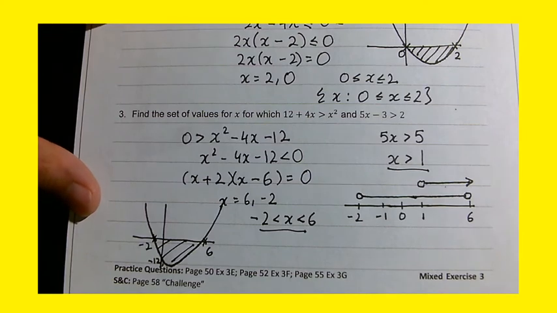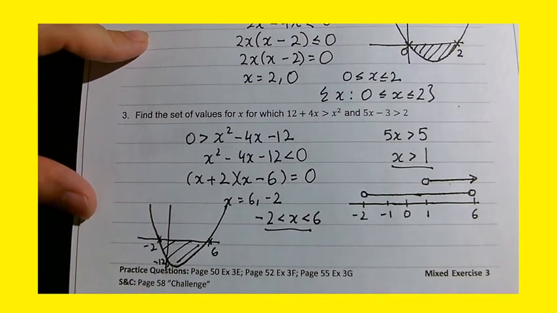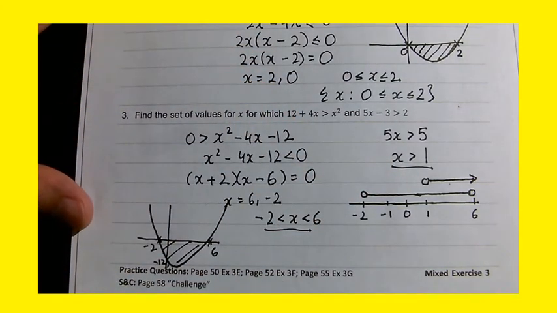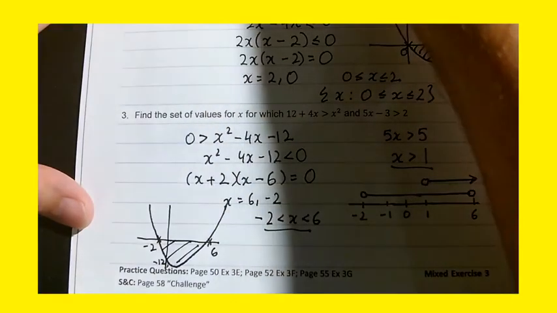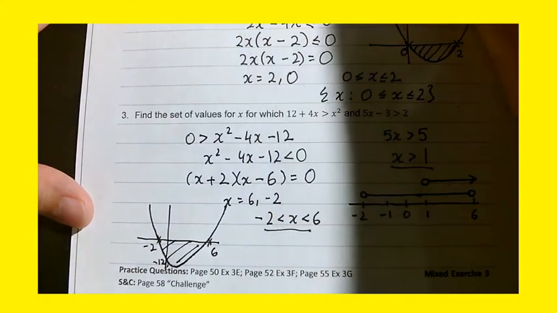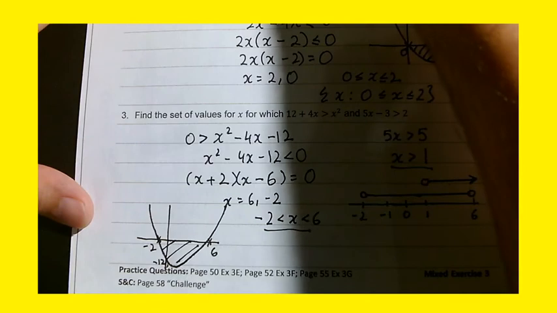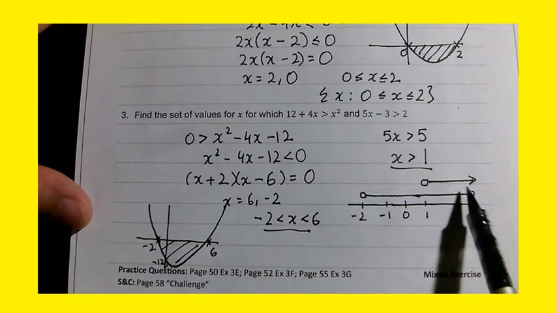Now we've got to find a range of values which satisfy both of these inequalities, and the only one that could work is the one that matches up above each other. If you look at the lines together, which one is directly above each other?